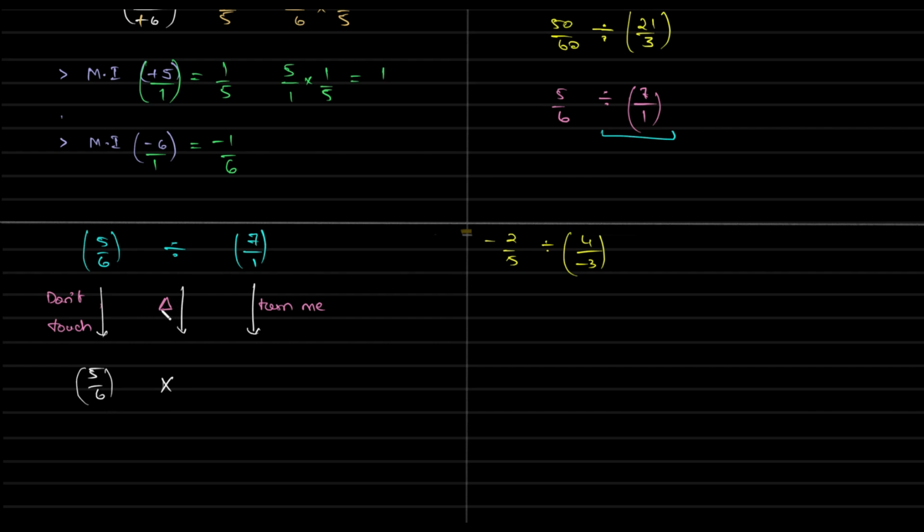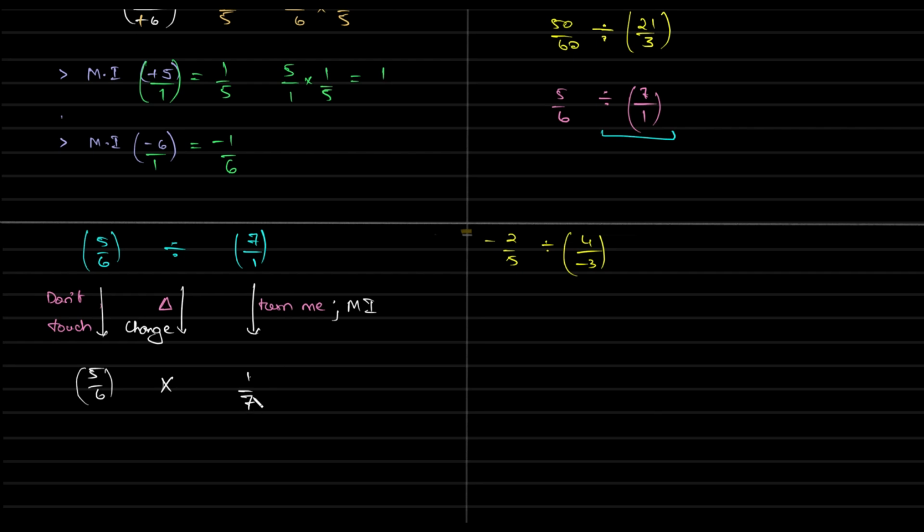So this triangle is nothing but change. It means change. This symbol you will be using in your 11th and 12th grade. So just introducing it to you guys. This means change. To change that, turn me. You just have to find the multiplicative inverse of whatever this number is. In this case, 7 by 1, the multiplicative inverse is 1 by 7.